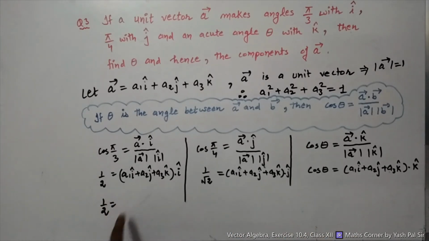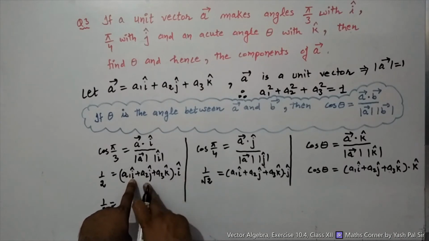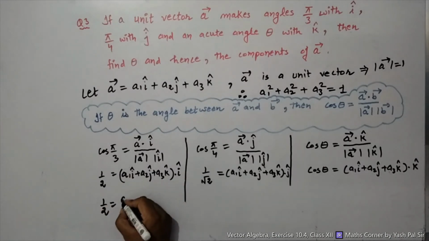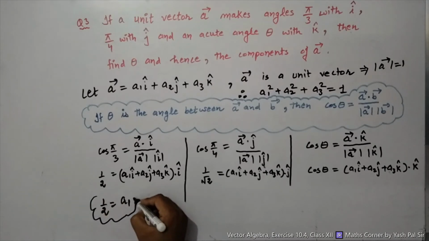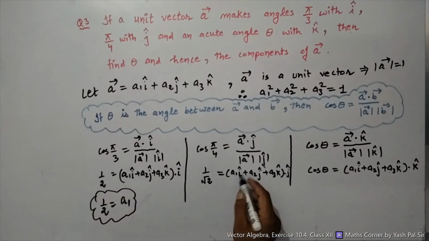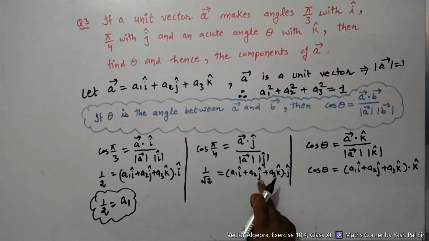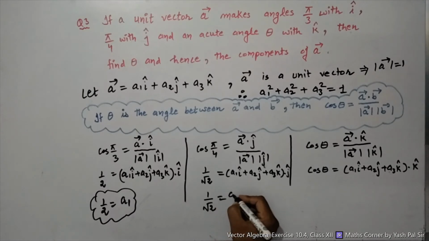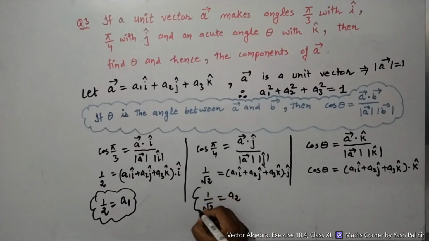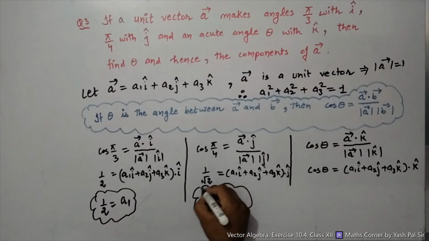Now what we do: 1 by 2 is equal to the component of i dot i, which is equal to 1, so this becomes a1. So the value of a1 is 1 upon 2. Similarly, j dot j is equal to 1, so 1 upon square root of 2 is the value of a2.